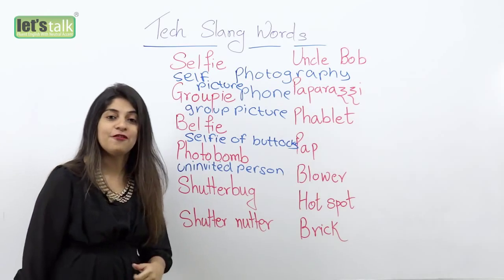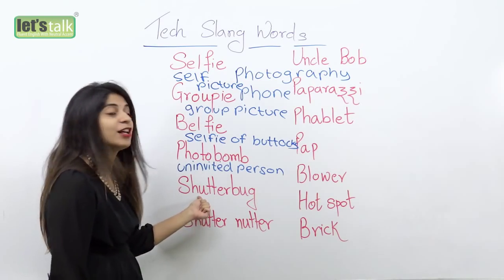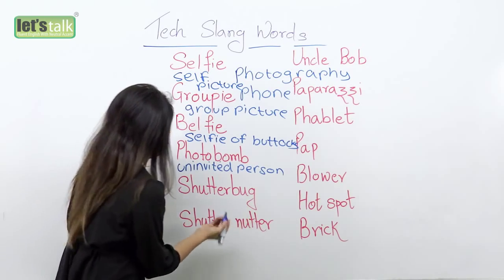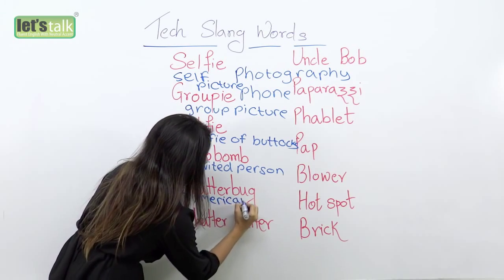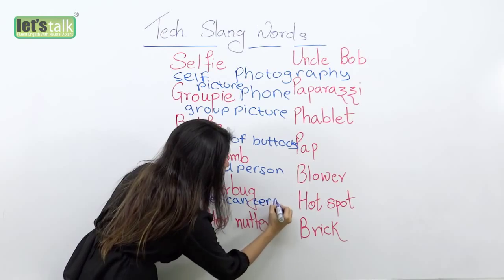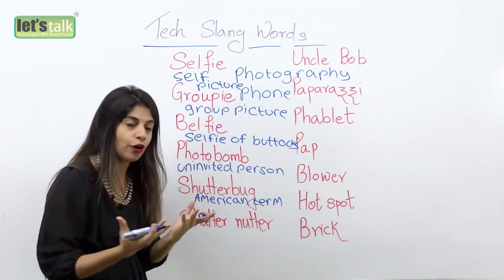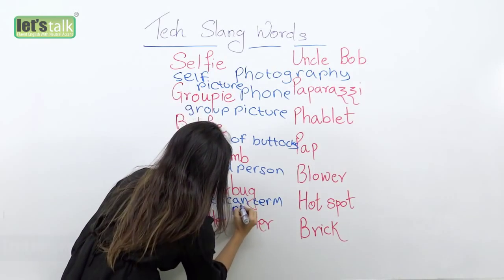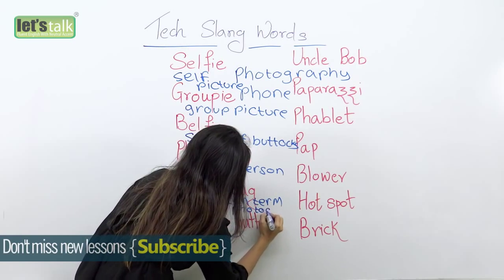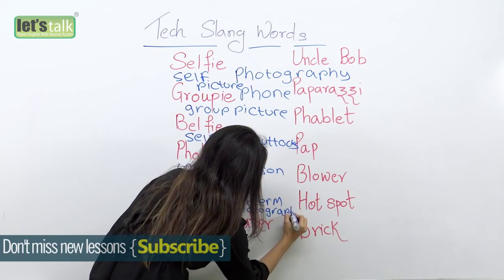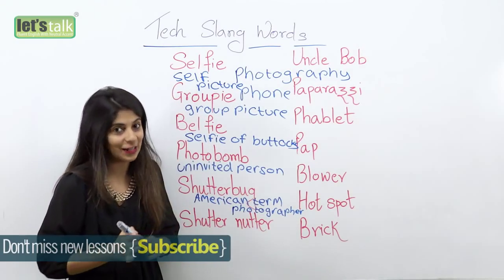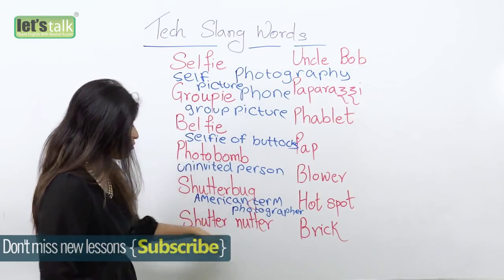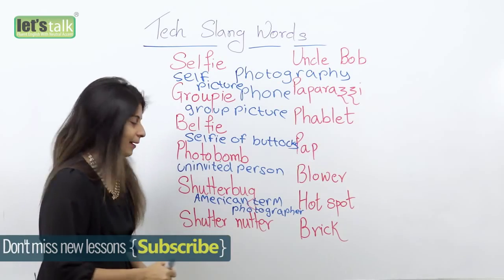So that kind of photographer, we call them shutterbugs. Okay, so that's an American term for a photographer who loves taking pictures all day long. And shutternutter is a British slang.